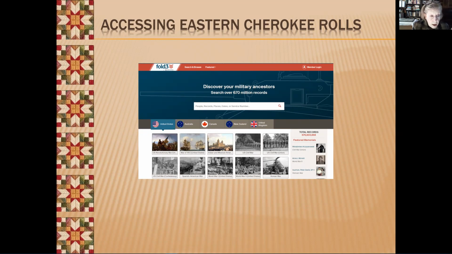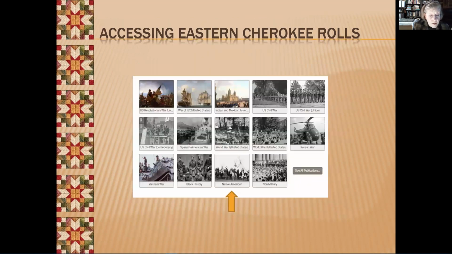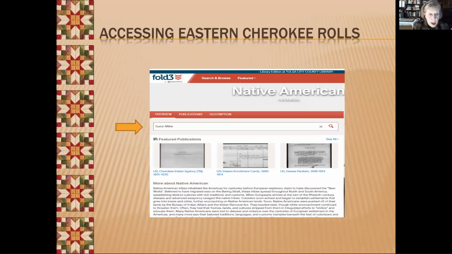But anyway, basically, you're going to go to the Fold3 webpage, go down to the area where it says Native American and click on that. And then in the search box, you're going to just type in Guion Miller. I think you can also type in Miller Roll, but I just typed in Guion Miller, and learn how to spell Guion because it's kind of different.